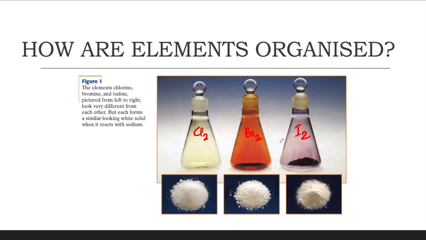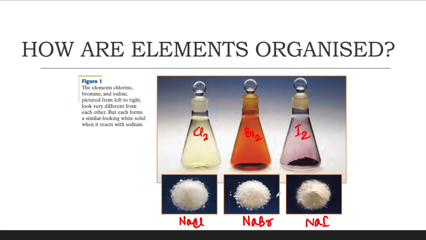But when each of these elements reacted with sodium, they formed the respective salts. So chlorine formed sodium chloride, bromine formed sodium bromide, and iodine formed sodium iodide. Now each of these salts which were formed looks very similar.